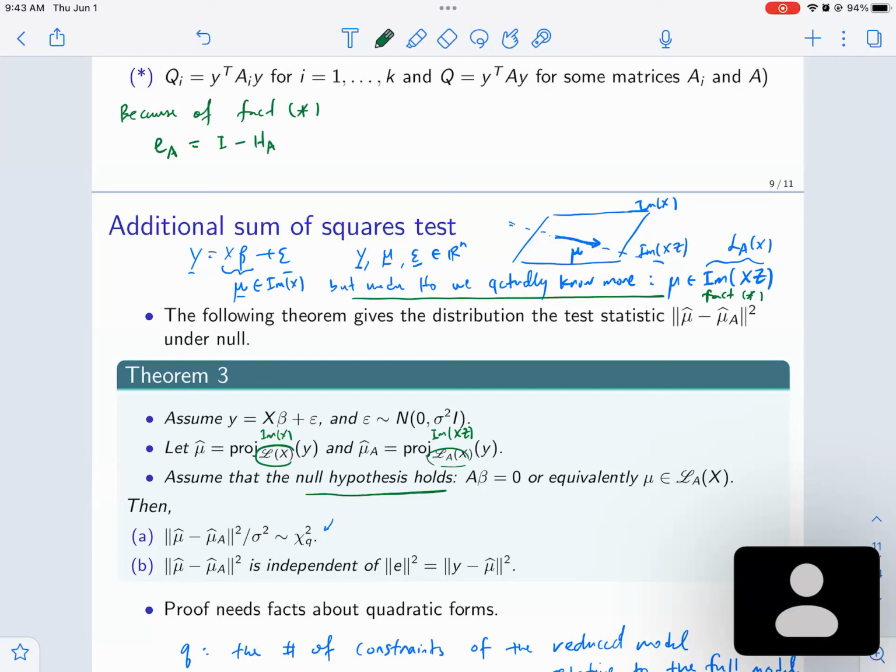The reduced model would just be another regression. When I apply it to Y, this would be I minus H_A times mu plus epsilon. If I expand it, I get I minus H times mu. So what happened to I minus H times mu?